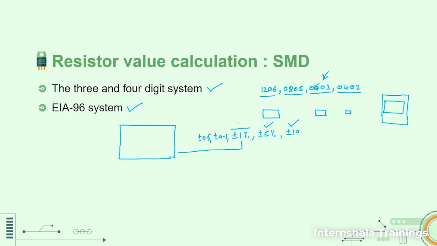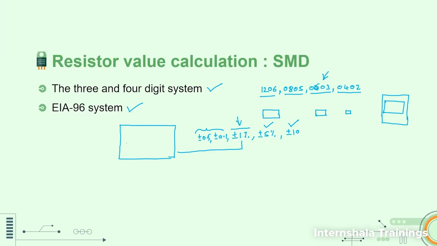These tighter tolerance resistors we use when we are dealing with highly precise electronics, or precision analog electronics with highly precise filters. In that case we use resistors with 0.5% or 0.1% tolerance, but generally we use plus minus 1% tolerance resistors whenever we are using SMD resistors.